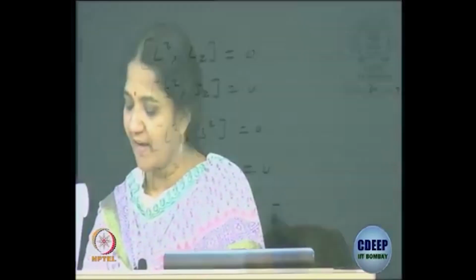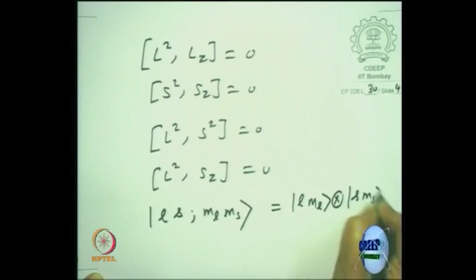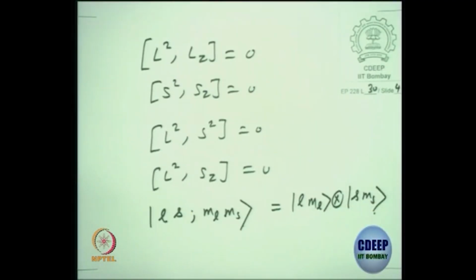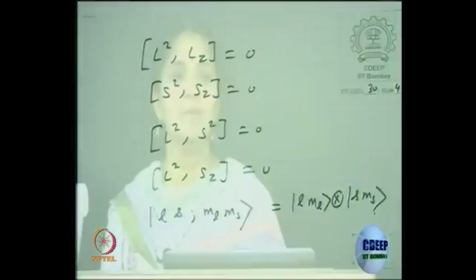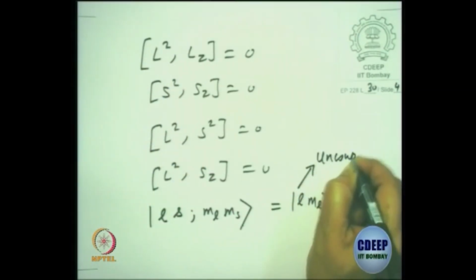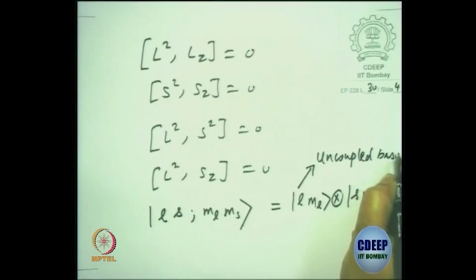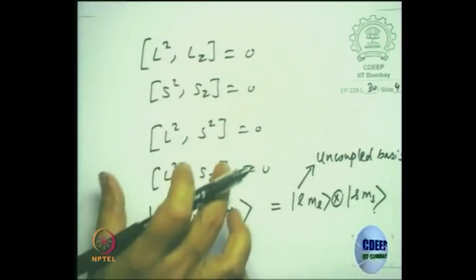I can equivalently write it as L, ML cross S, MS. This is a direct product space. So this direct product space is sometimes said to be an uncoupled basis. Why? I can say which one is the orbital quantum number and which one is the spin quantum number. So this is what we will call an uncoupled basis.